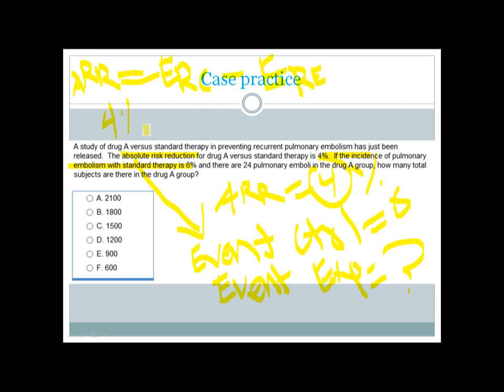Here is 4% ARR. The event rate in the control group is 6%, and we don't know the event rate in the exposed group, which is ER, event rate in exposed. So from this equation we can find the event rate in the exposed group, which is 2%.